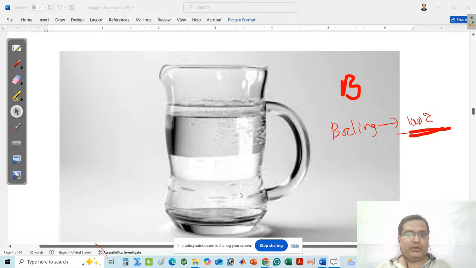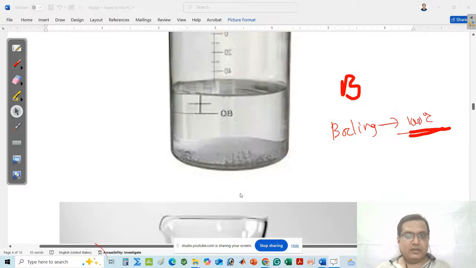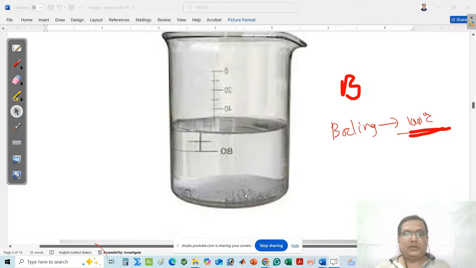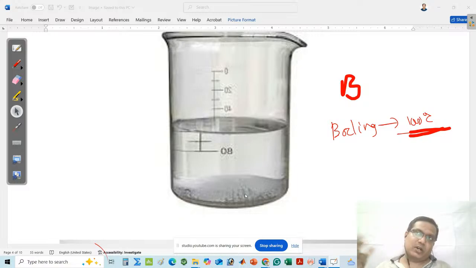That means boiling point does not depend upon the amount of substance. Remember one important point: volume depends upon the quantity of the substance, but boiling point does not depend upon the quantity of the substance. What amount of water you take, all waters have the same boiling point.